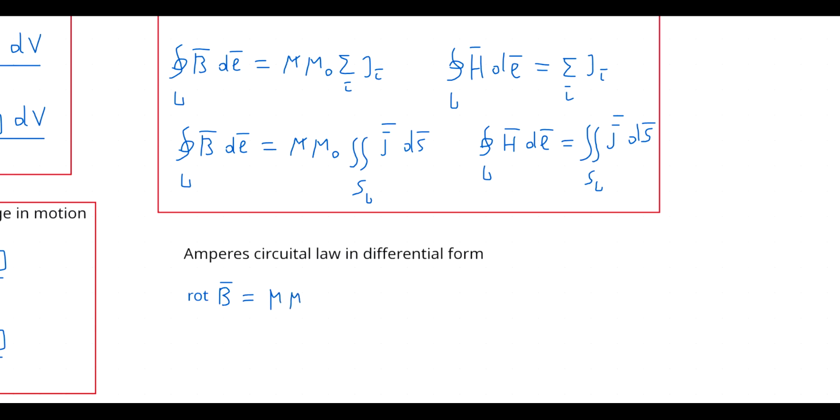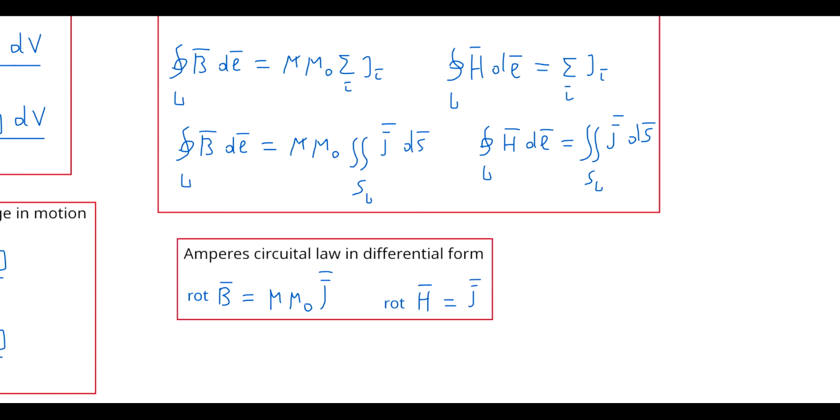Now I will explain this. It can also be written as rotor H, and it will be equal to the electric current density.